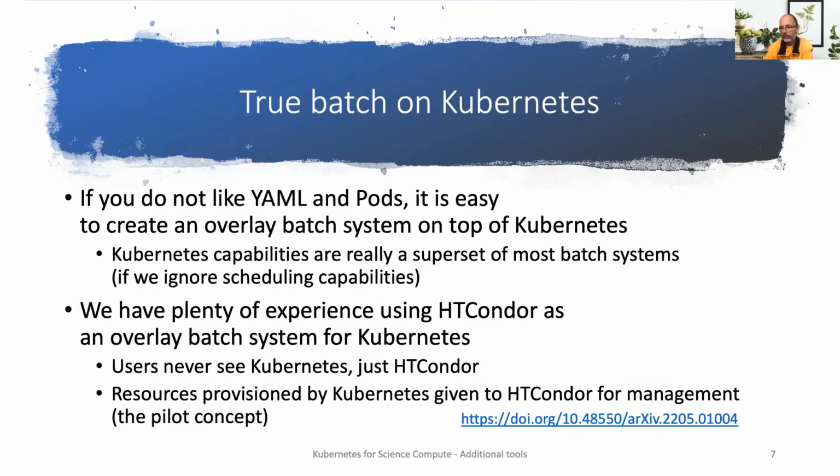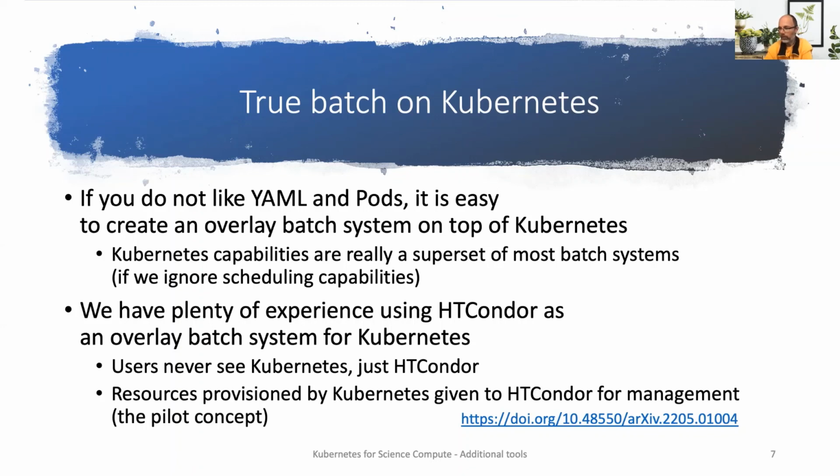And finally, if you don't like YAML and pods, and you don't want to natively interact with Kubernetes, it is relatively easy to create an overlaid true batch system on top of Kubernetes, because Kubernetes capabilities are really a superset of what most batch systems provide, modulo the flexibility of scheduling. From my part, I have plenty of experience using HTCondor for that.